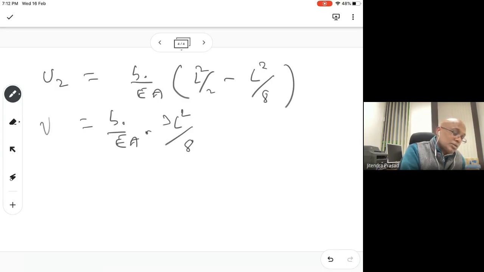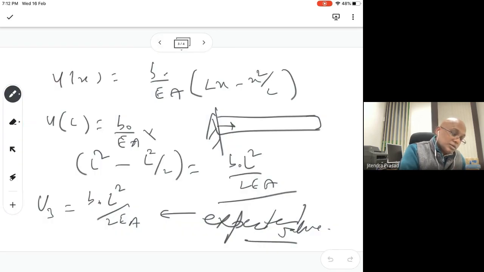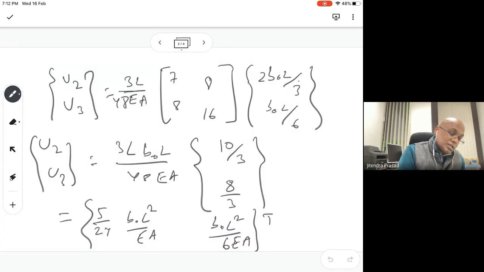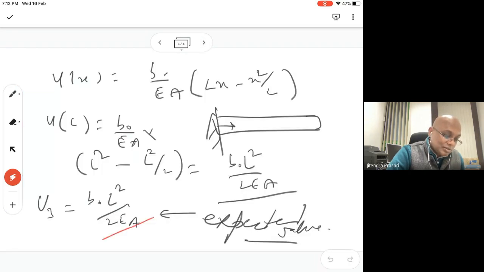So U2 is 3 by 8. So how much are we getting? There's something wrong. We should be getting the exact one. So we have to see where we made the mistake. Please go through it and let me know where we made the mistake, but we should get the exact solution.